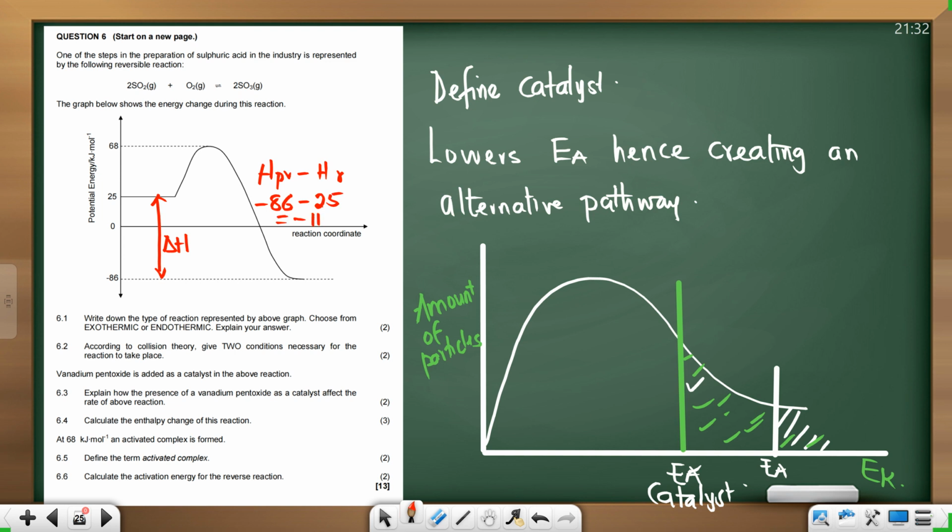That will give me negative 111 kilojoules per mole. No. You must calculate. All right, guys.